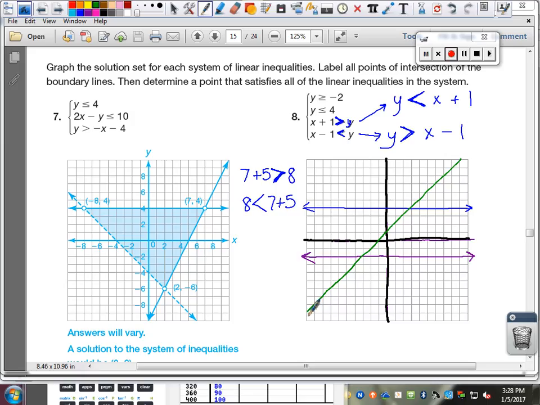Okay, now I'm going to have to use the erase tool because I drew a solid line and it's supposed to be a dash line. And the same thing here.